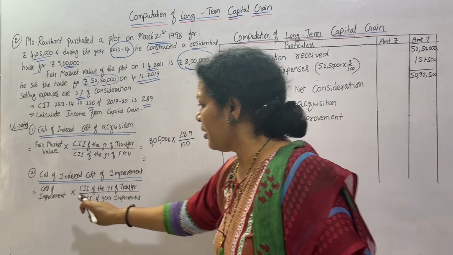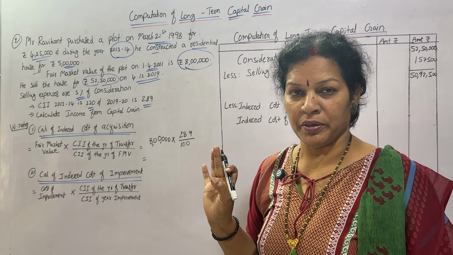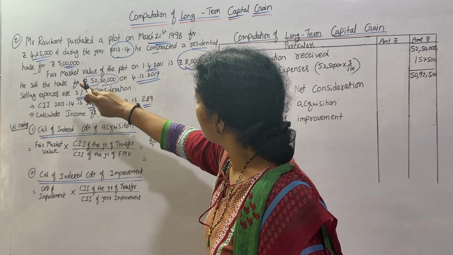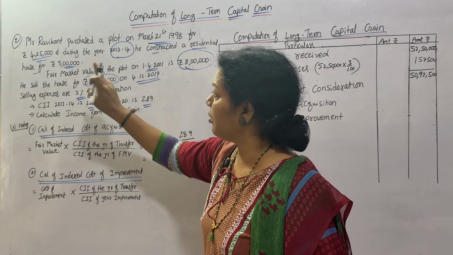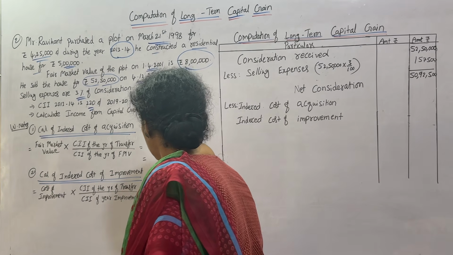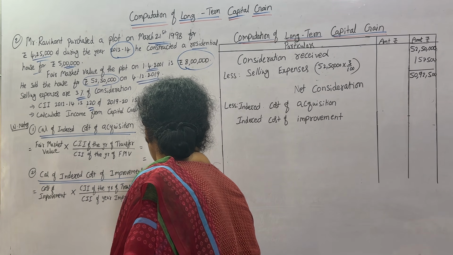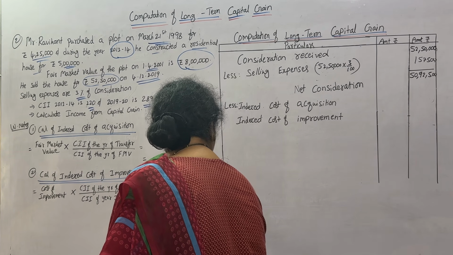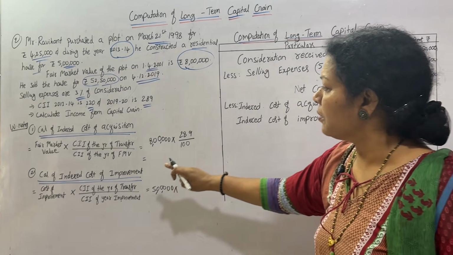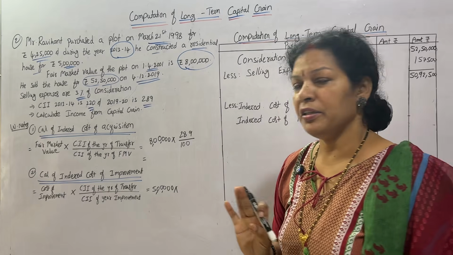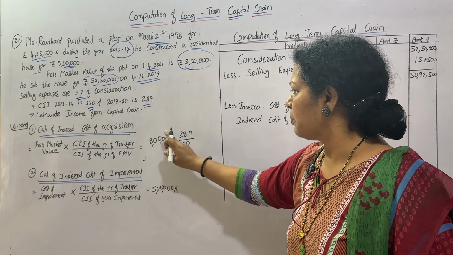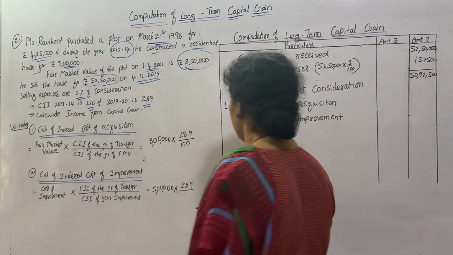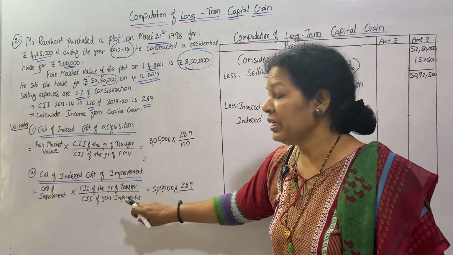Next, calculation of indexed cost of improvement. The formula is cost of improvement. How much is it? He constructed a residential house for 5 lakh rupees, so the cost of improvement is 5 lakh, into CII of the year of transfer, same one, 289, divided by CII of the year of improvement.